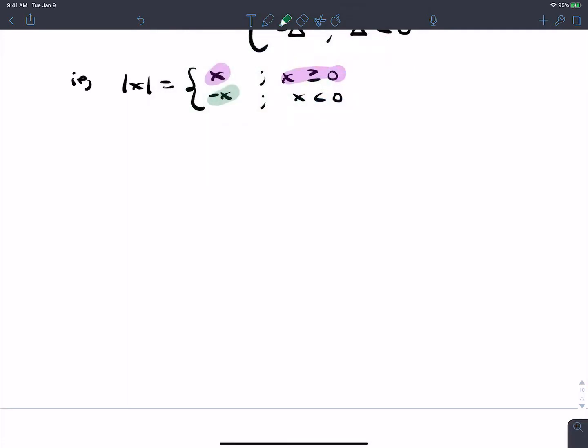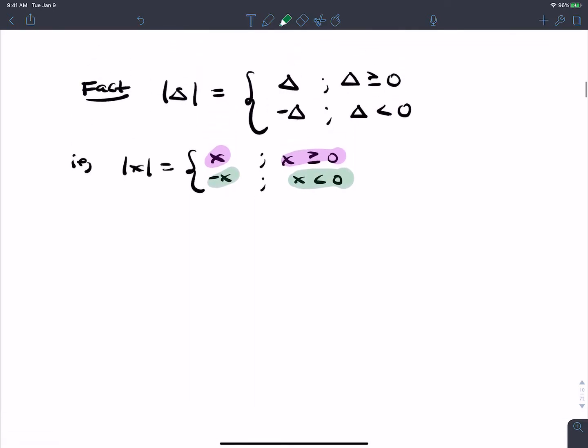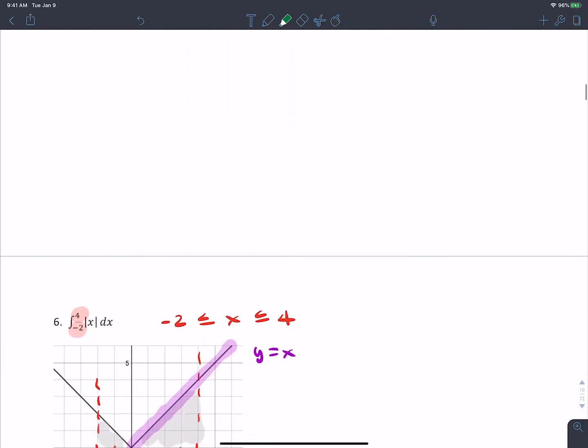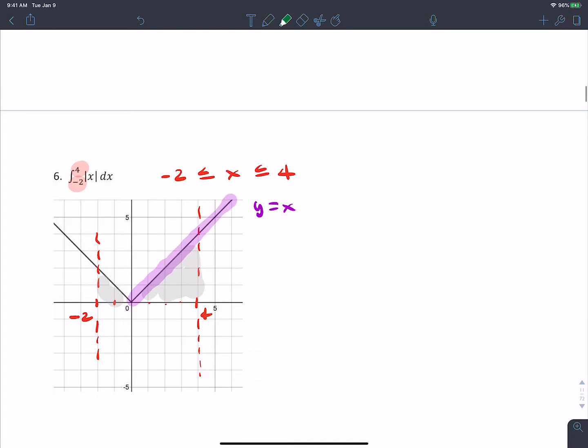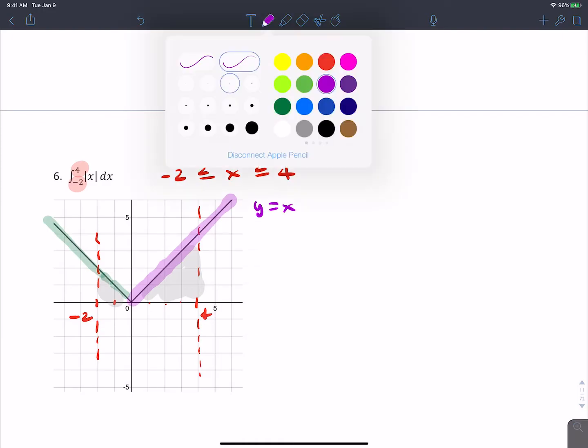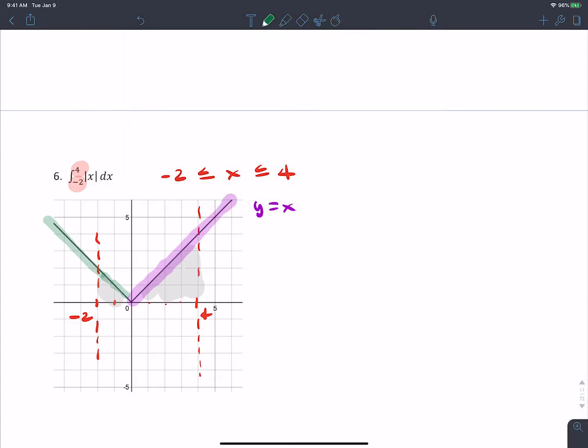You use the green portion when x is what? Negative. So negative values of x have the corresponding y values, and that happens for this portion. And that curve here is y equals negative x. So you break this up into what? Pieces. You have to use a piecewise function.